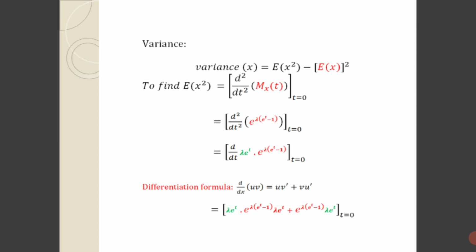Once again, let me repeat how to differentiate this term. Keeping u constant, λe^t is constant. The v term is e^(λ(e^t − 1)) differentiated with respect to t. Differentiating e^(λ(e^t − 1)), we get the same term e^(λ(e^t − 1)) into the derivative of λe^t. The λ is a constant, e^t differentiated gives e^t, and the constant differentiated gives 0.